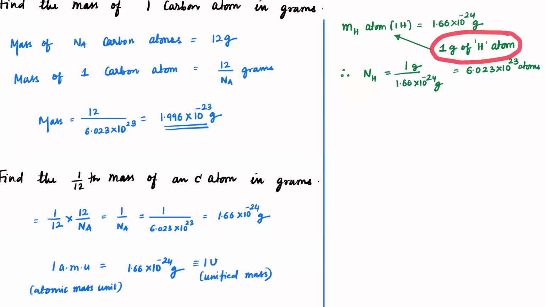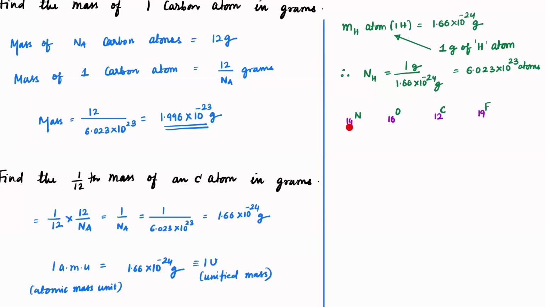Now I'll give you one more way of looking at it. Suppose I talk about elements like nitrogen, oxygen, carbon, fluorine, all of them. We know their mass number. Mass number means number of protons plus number of neutrons. So the mass number of nitrogen is 14, oxygen 16, carbon 12, fluorine 19, and so on.